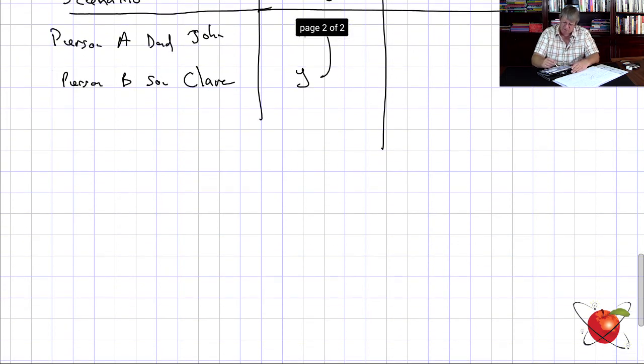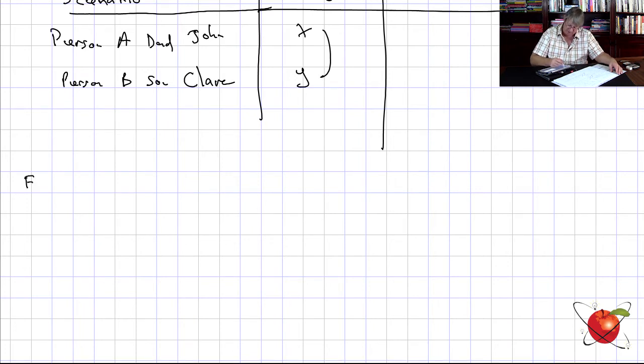I'm going to write down the example as it stands. Example 1. Well, I don't generally number my examples, but we'll do a few. John is 3 times older than his son.